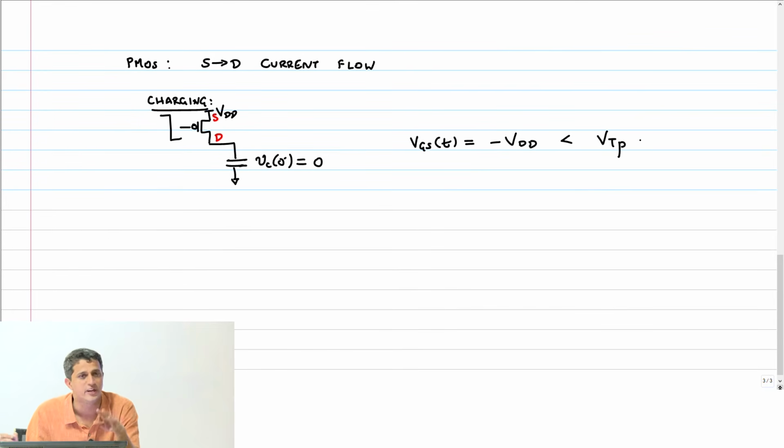Let me call it VTP. VTP is a negative number, which is obviously greater than that, and therefore it will be turned on always. Therefore this guy can simply charge up using this current.